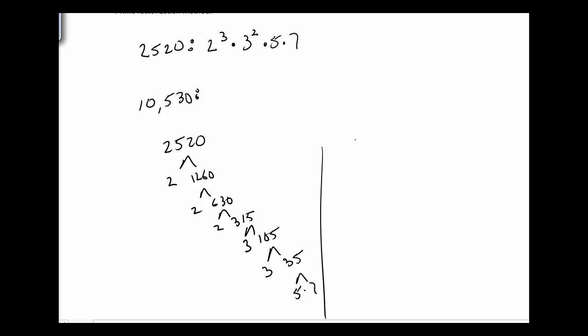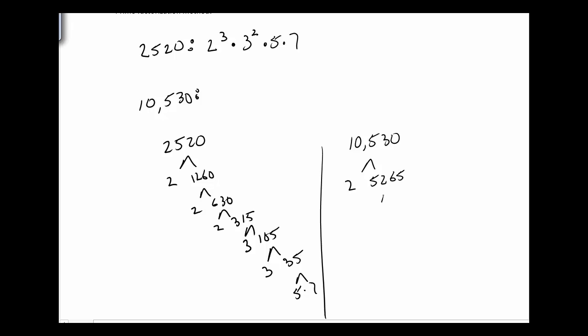And then let's do the same thing to 10,530. So I know 2 goes in there 5,265 times. And then I run out of 2's. Well, that's nice. Let's see, does 3 go in there? 10, 18, 18, 1 and 8.